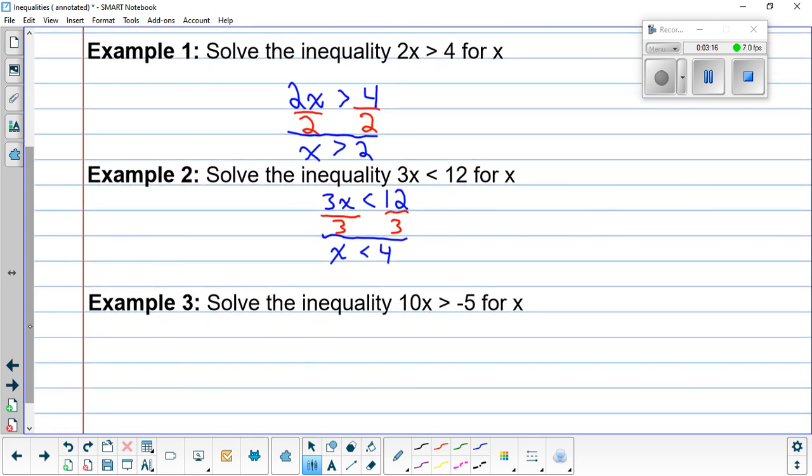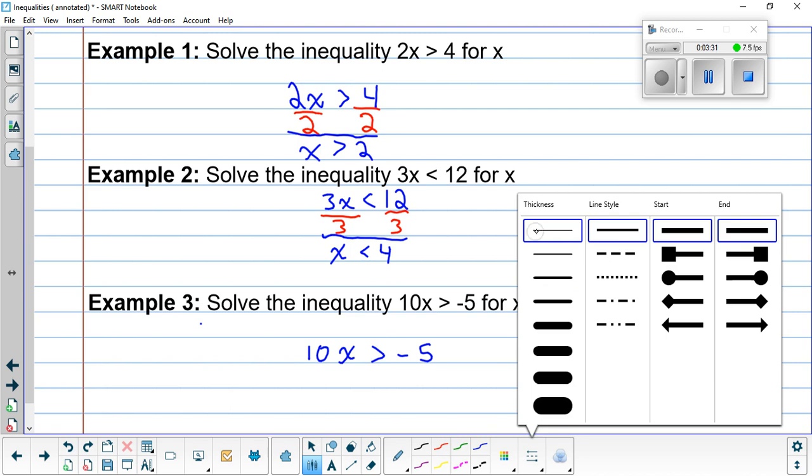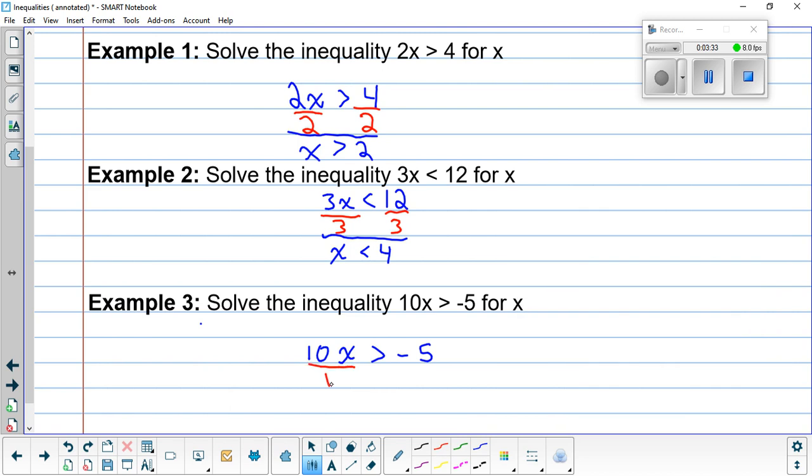And lastly, we're going to solve the inequality 10x is greater than negative 5. Same thing: we have 10x is greater than negative 5, and we want to divide by 10.